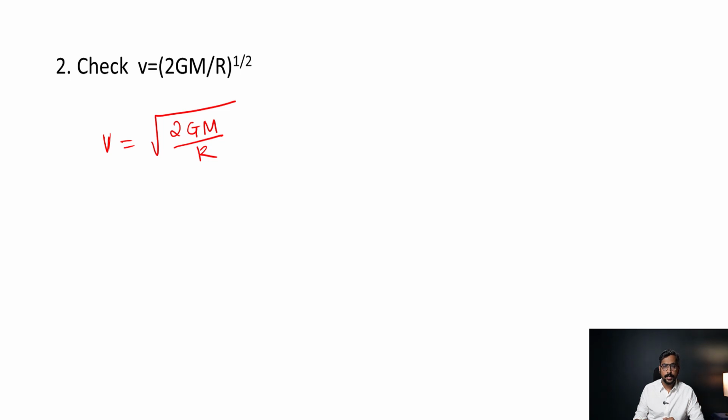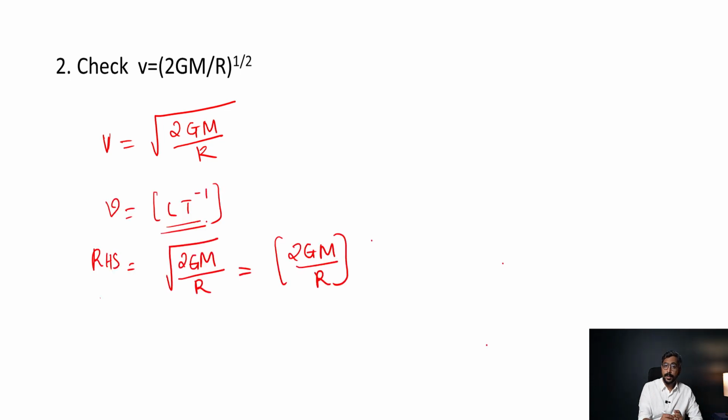So how can I check the correctness of the equation? So let us see. Here V is velocity, so the dimension formula is L t raised to minus 1. So the LHS is this.